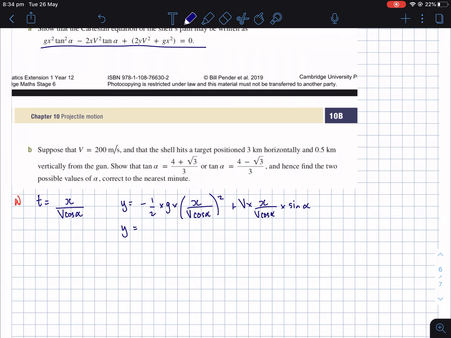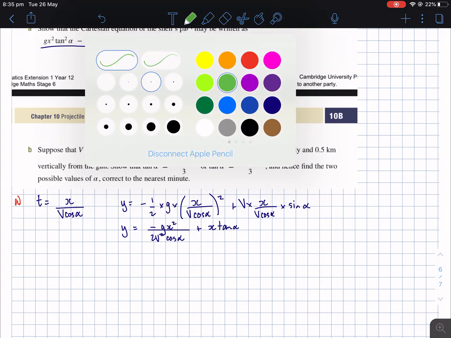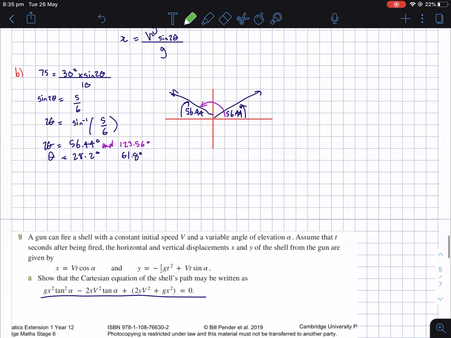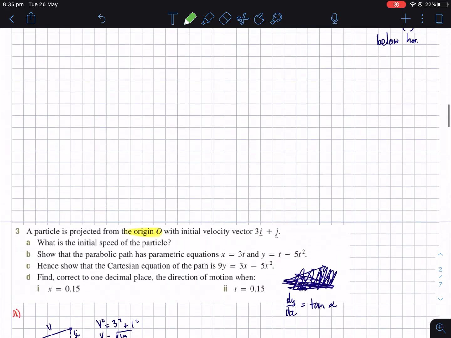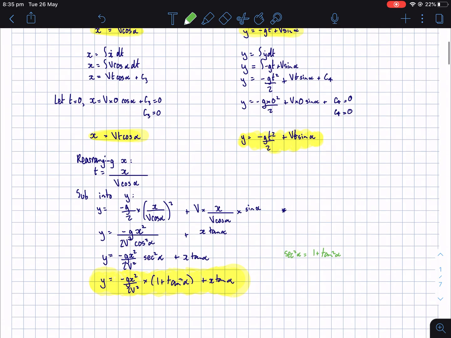So I'm going to rewrite this: minus gx squared on 2v squared cos squared alpha plus x tan alpha. And if you remember, which I don't, so I'm going to scroll up: this is the trig identity I never remember.